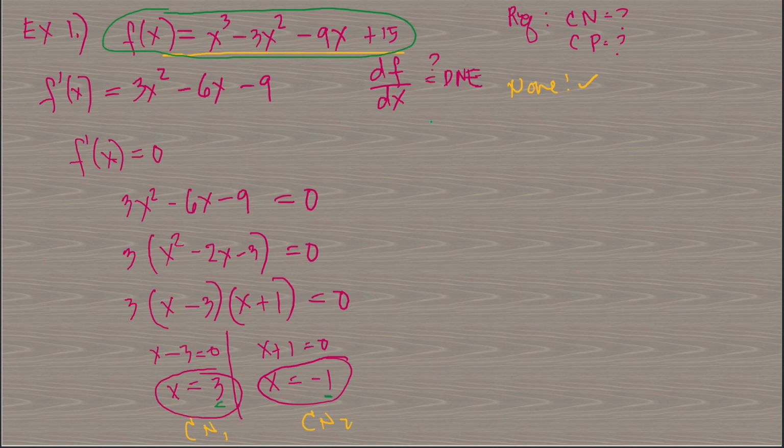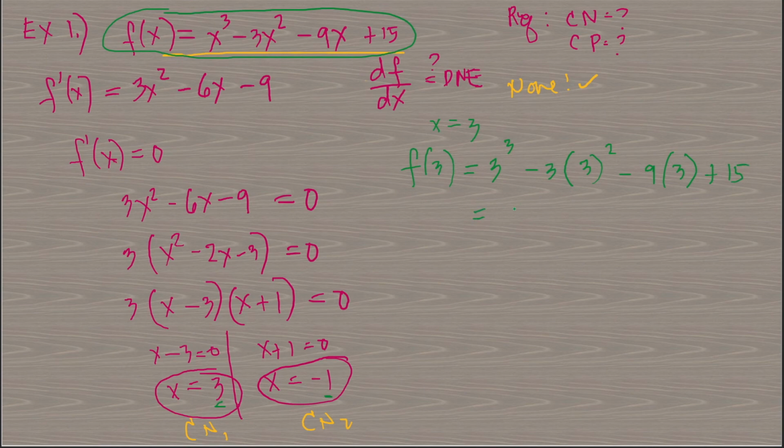So I will start with x equal to 3. I will find f of 3, which will be equal to 3 cubed minus 3 times 3 squared minus 9 times 3 plus 15, and then evaluate.